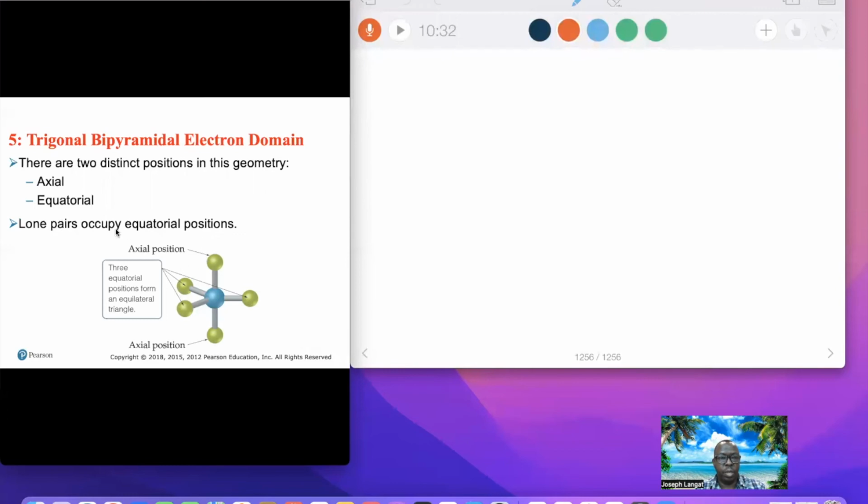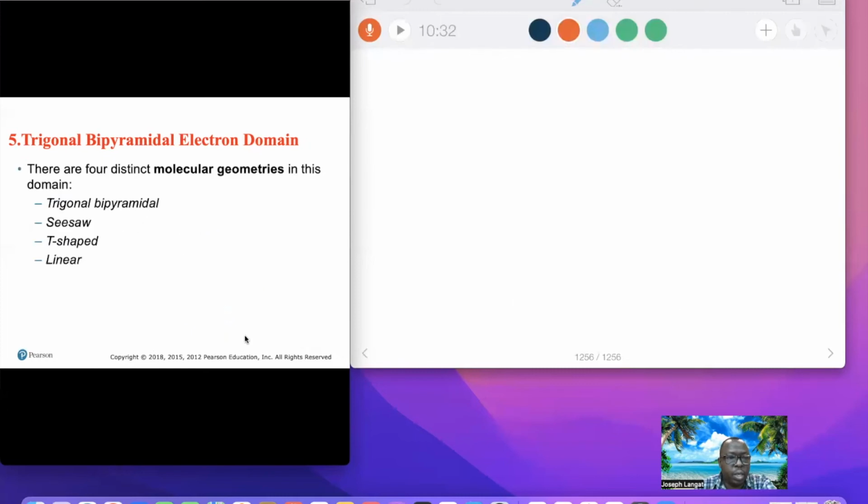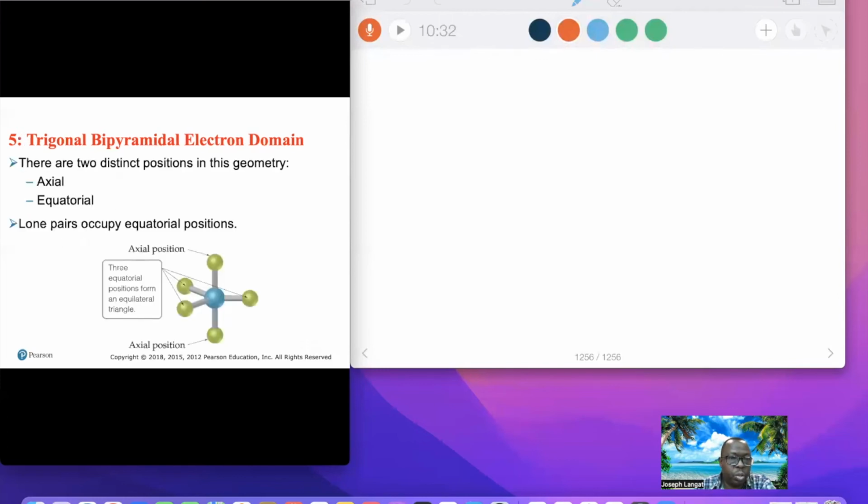There are two distinct positions in this geometry, axial and equatorial. Lone pairs occupy the equatorial position before the axial position. Let me explain that. So here are the types of molecular geometries, of course, for electron domain geometry.